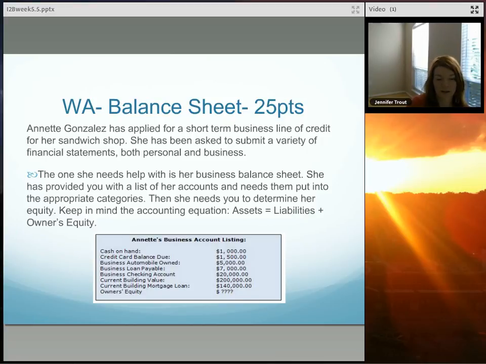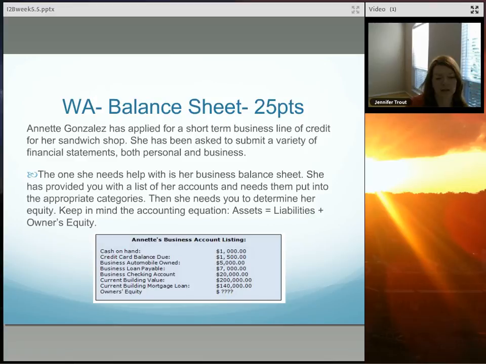The biggest thing to keep in mind is the accounting equation: assets equal liabilities plus owner's equity. So in a balance sheet, your assets and your liabilities plus owner's equity should equal. That's why it's balanced.